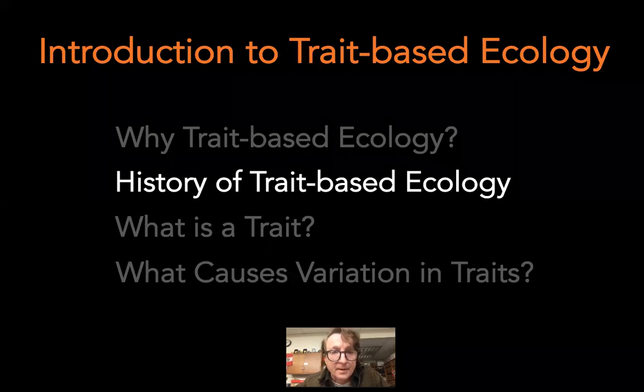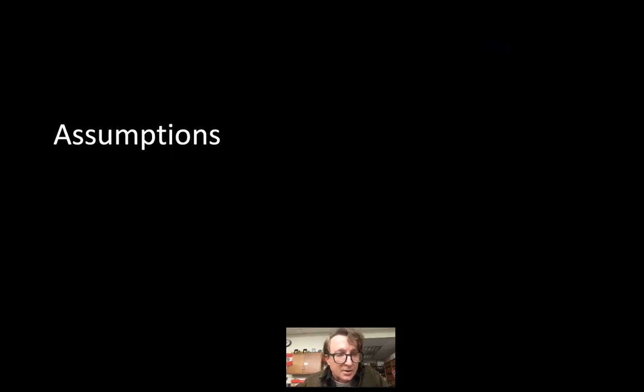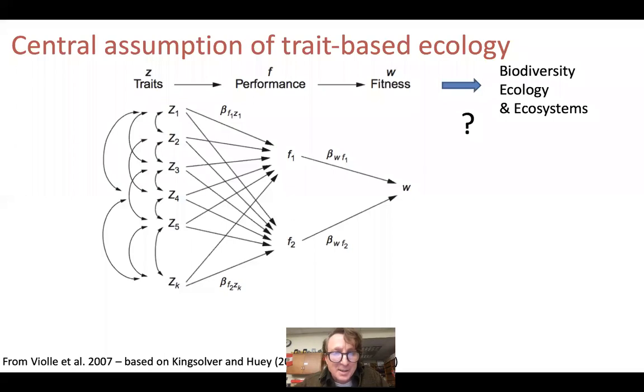All right. So we just went over why trait-based ecology, a brief overview, but now let's talk a little more about the history of trait-based ecology. As in any field or subdiscipline in science, we often have a series of different assumptions. I want to highlight what I think is one of the prominent assumptions in trait-based ecology, and that assumption is diagrammed right here.